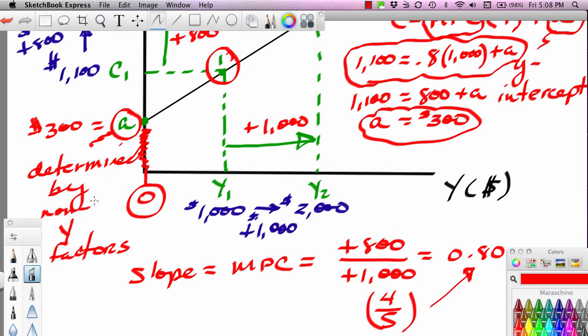A person's wealth. Wealth is not income. A person can have income and have no wealth. All right? So there's lots of factors that could actually impact the household consumer. The primary factor is disposable income, but there are other factors that also affect consumption, and those factors are autonomous factors. And I'll be talking more about those in a minute.